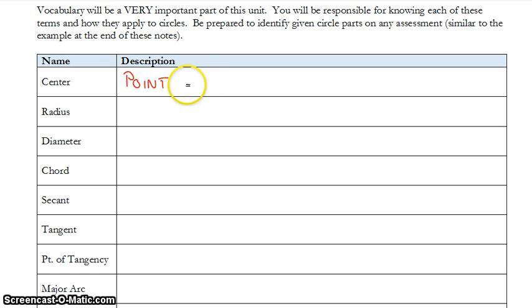More than just a point, though, it is the point that is equidistant. That means the same distance to the edge of the circle. So no matter where I go, if I start at the center and draw a line to the edge, that line I draw will always be the exact same distance.